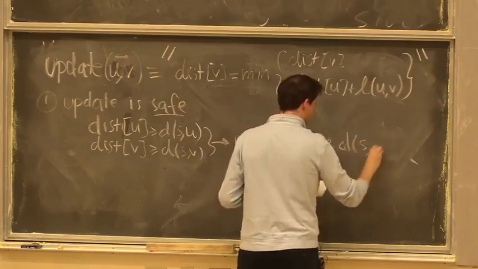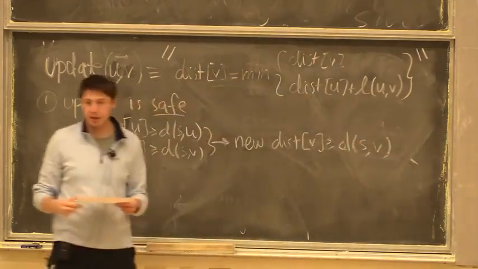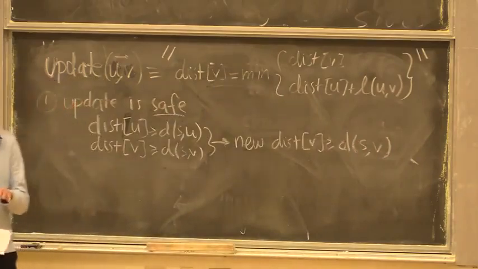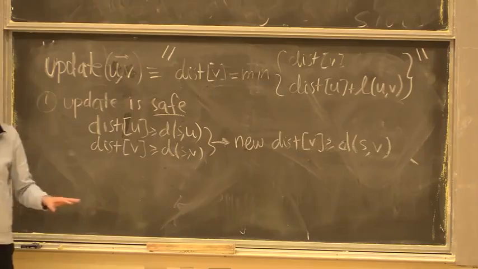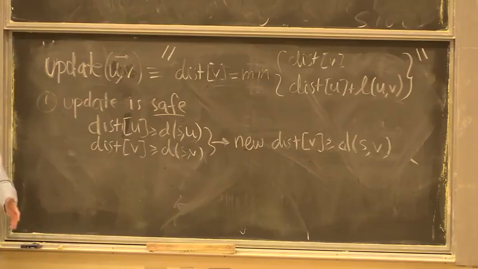Okay? This is relevant because at the very start, I start with estimates, and all of them are above the correct answer. Because for S, 0 is greater than or equal to 0, and for all the others, infinity is greater than or equal to whatever the answer is. Okay? So this is why update is safe. So you can just go and update vertices.